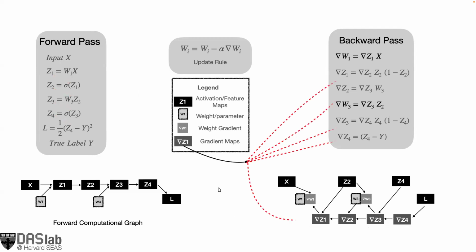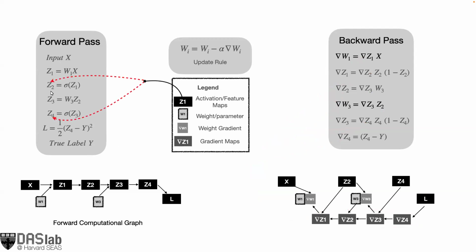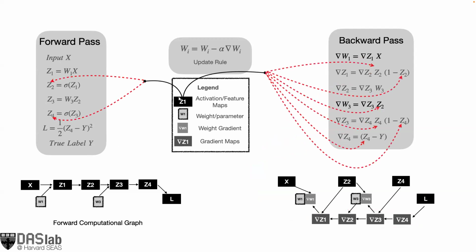In detail, this delta Z1, we call them gradient maps. They are the gradients calculated in the backward pass, consumed immediately after they're calculated, and only used in the backward pass. Z1, Z2, Z3, Z4, we call activations or latent feature maps.